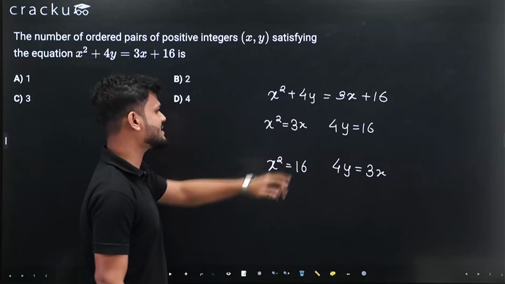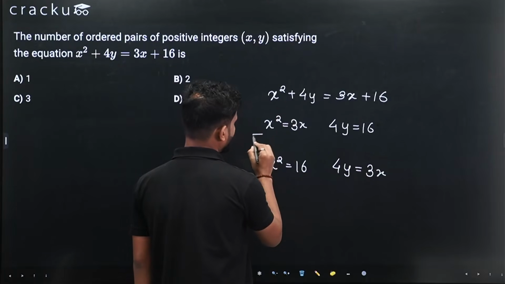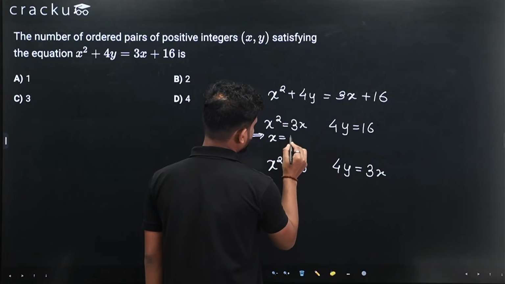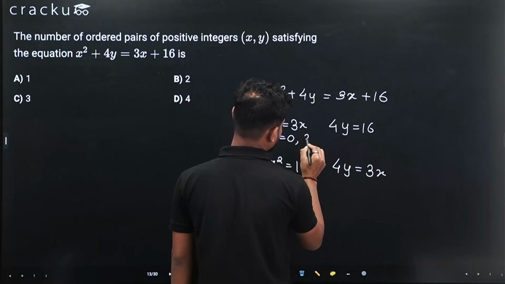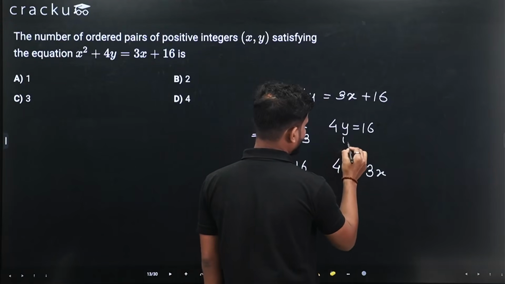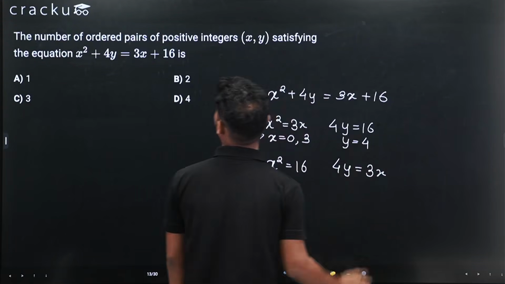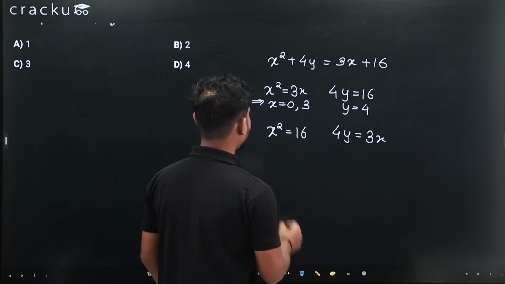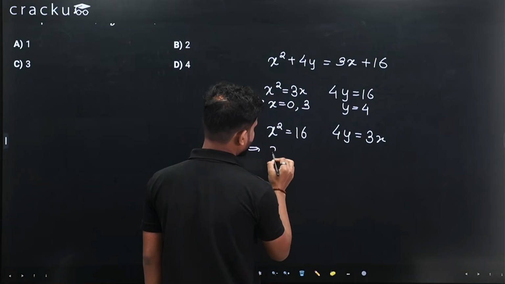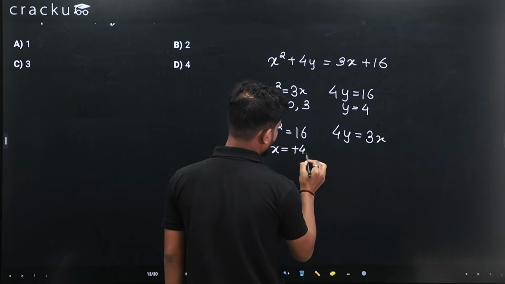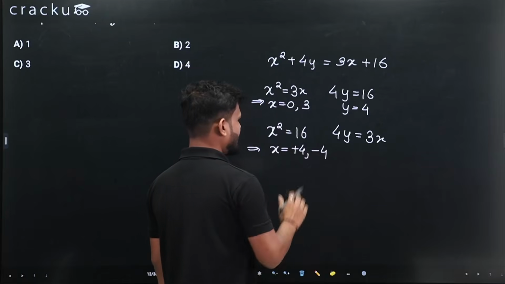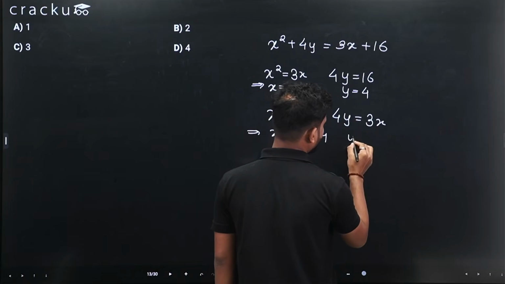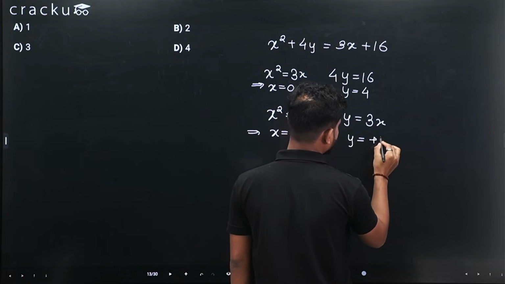Right? X square is equal to 3x. From here you get two things: x equal to 0 and x equal to 3. From here you get y is equal to 4. Correct? From the other case you get x equal to plus 4 and minus 4. If x is plus 4, you get y is equal to plus 3.